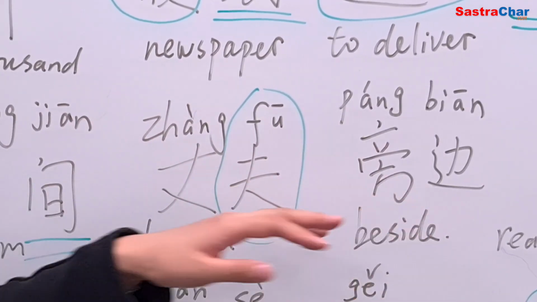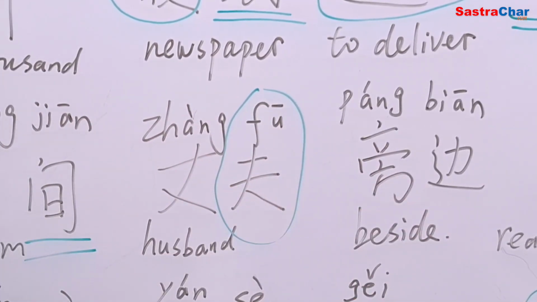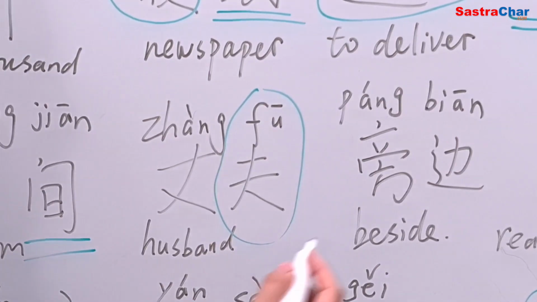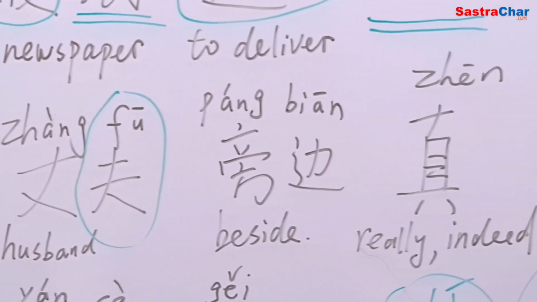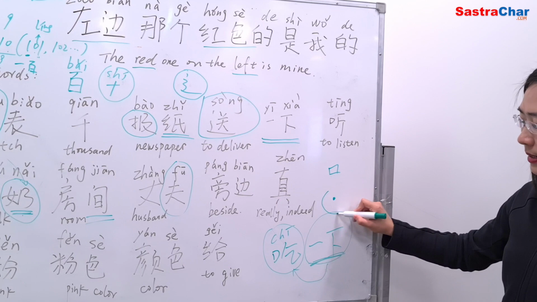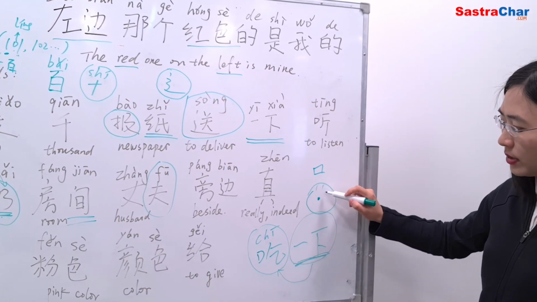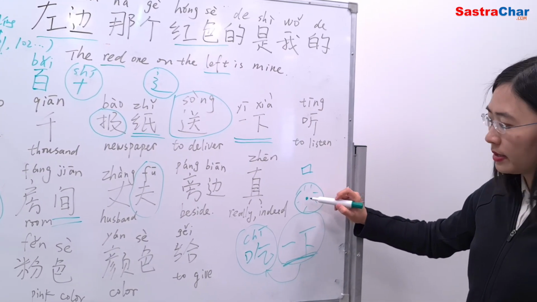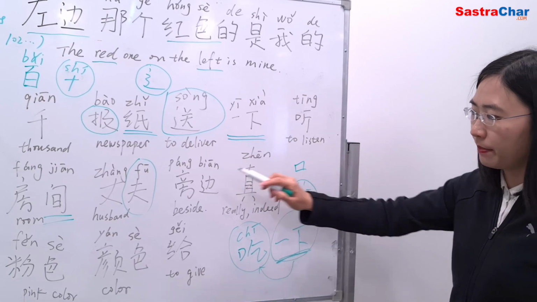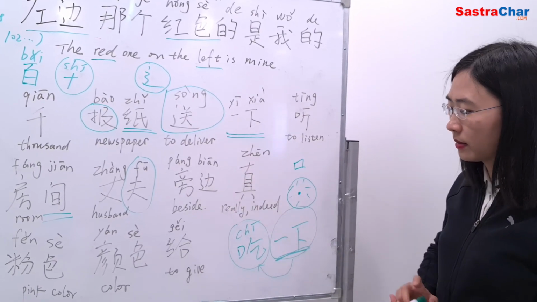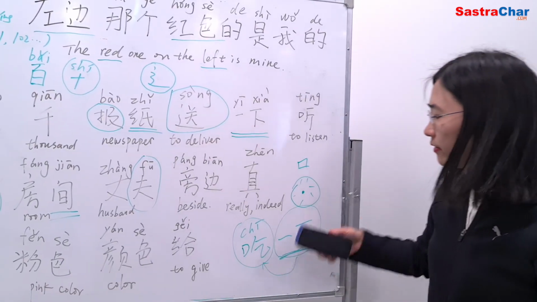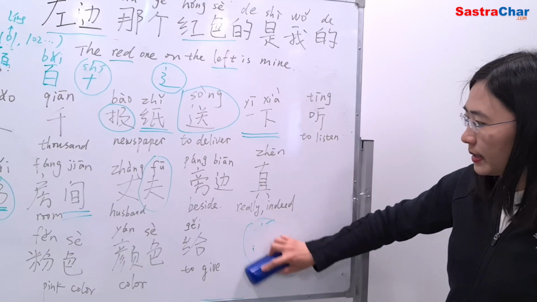Like if you are standing here and other things are standing just a meter around you, this can all be called 旁边. It's just not far away from you.